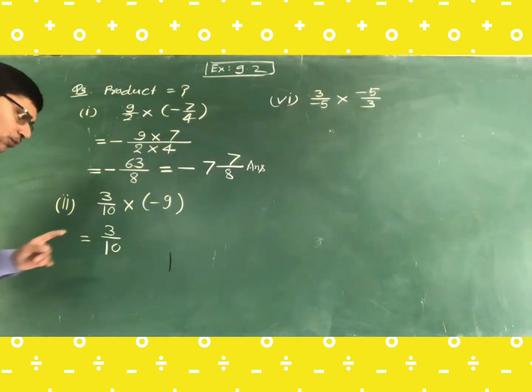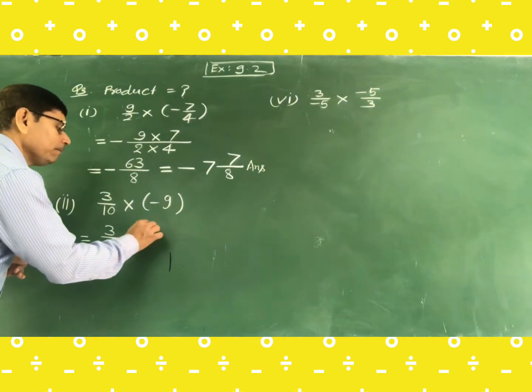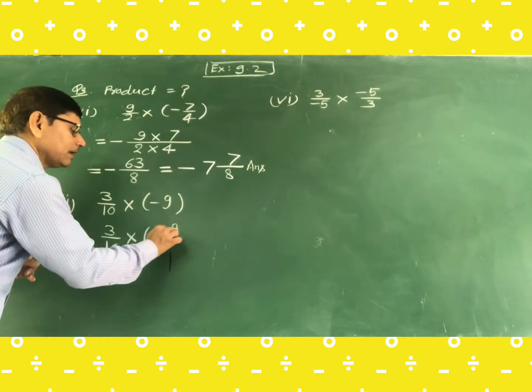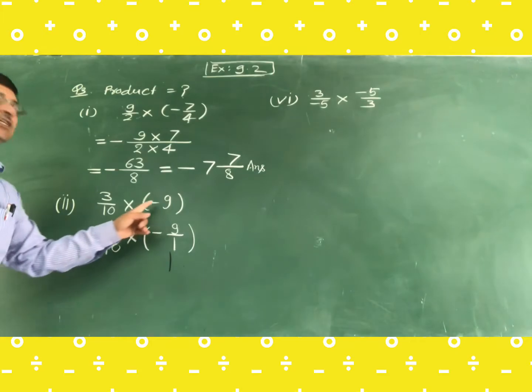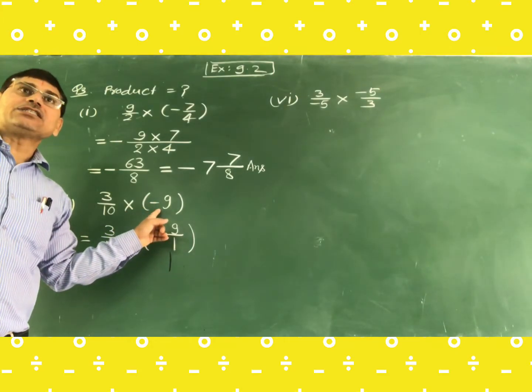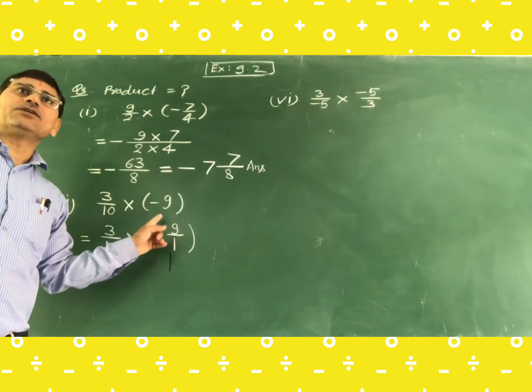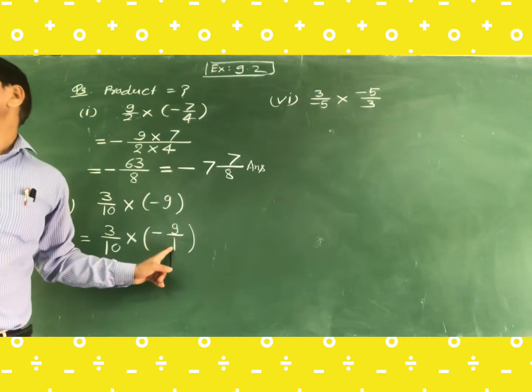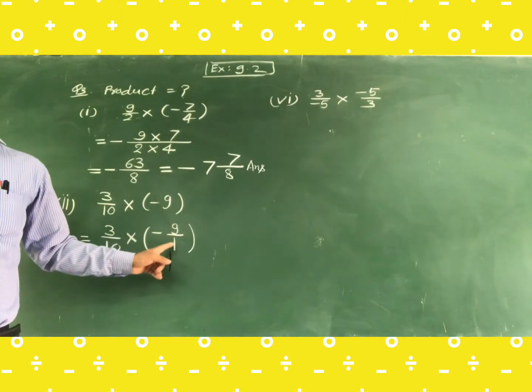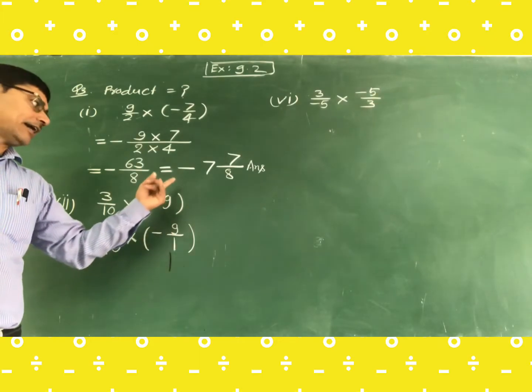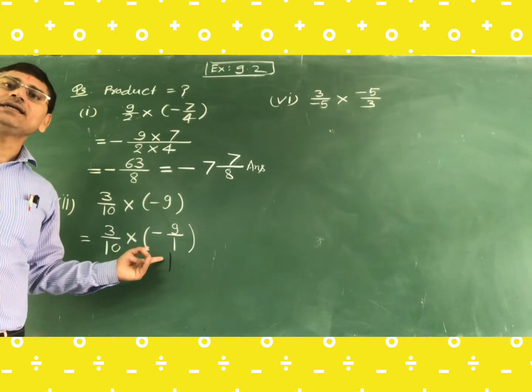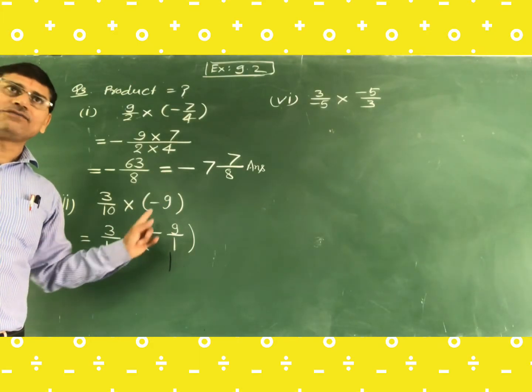So first of all you can write it as minus 9 by 1, because this is not in standard form of a rational number. So you will write it in the p by q form, that is 9 by 1, by writing 1 in the denominator. So this is the standard form.